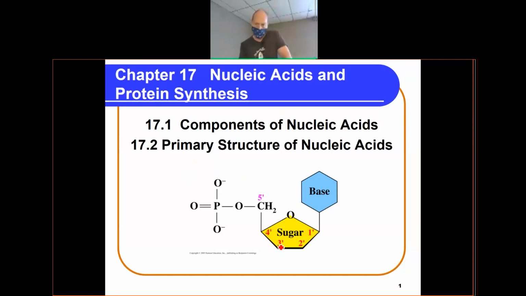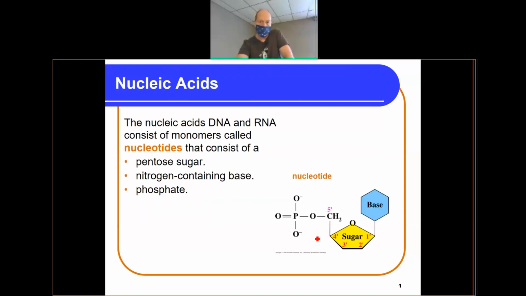This one's not showing whether it's RNA or DNA, but we're looking right here to tell the difference at the 2' carbon of the sugar. If there's an oxygen there, you've got RNA. If there is not an oxygen, both of those are hydrogens off that carbon, then you have DNA.